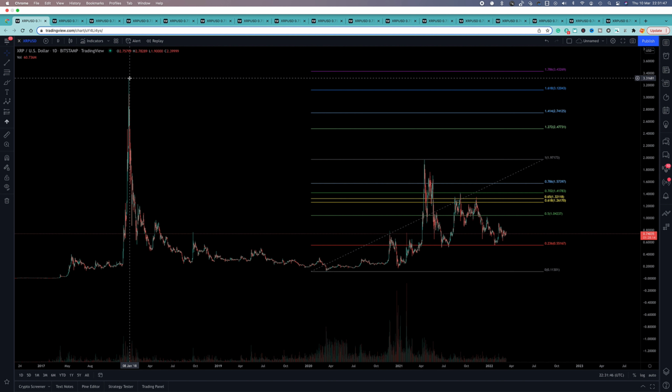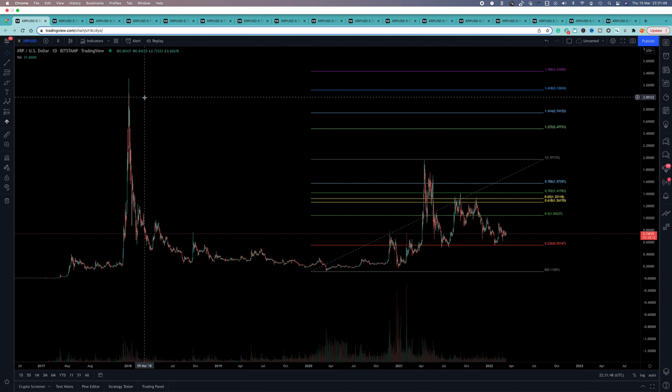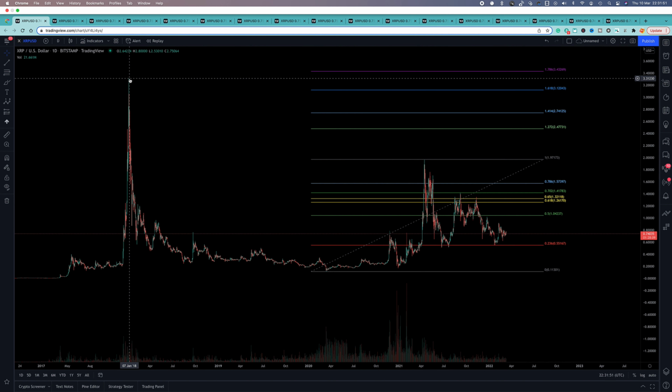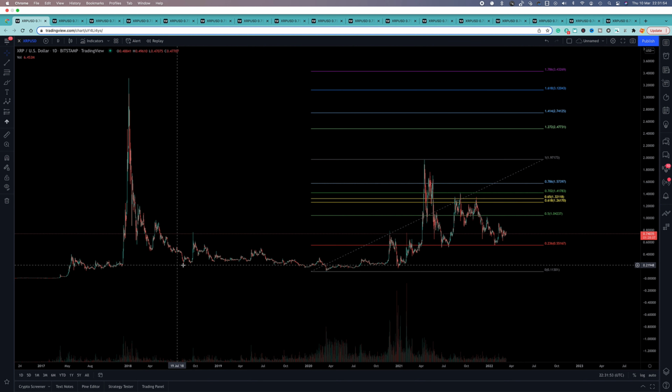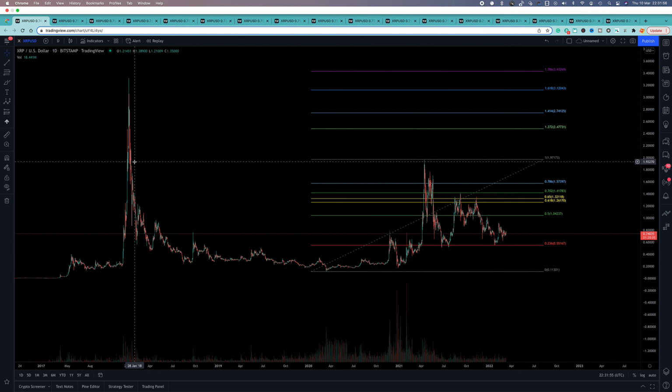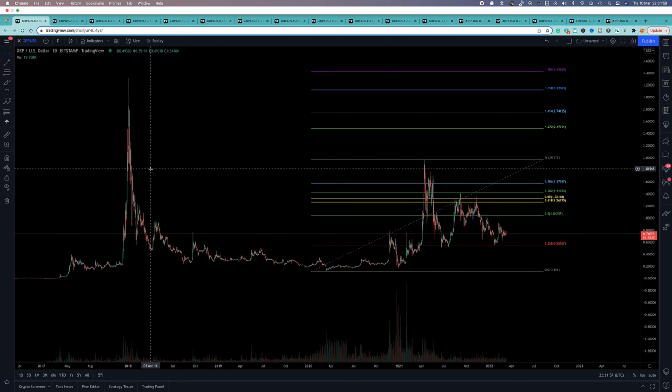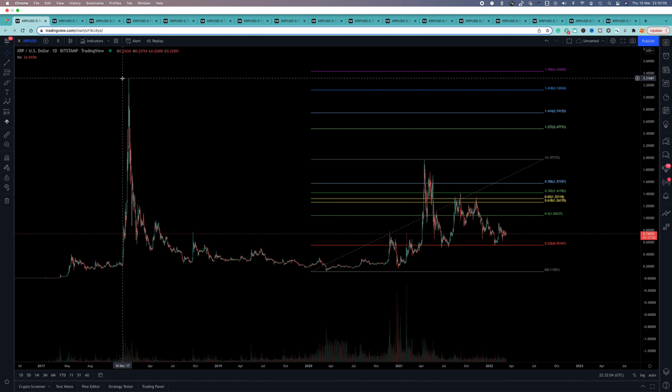So XRP, the third generation, was already in a position to be a utility, because it went from proof of work to proof of stake. It might not even be proof of stake. I know the Ripple ledger is something different, that it's not a blockchain like Bitcoin or Ethereum or most digital currencies.